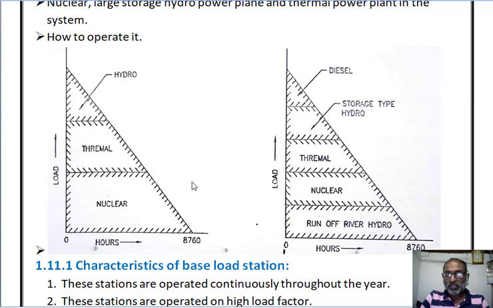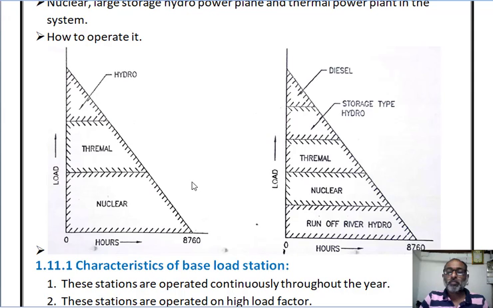So in a power system, we are using different types of power stations like nuclear power station, hydro power station, thermal power station, diesel power station. The efficiency of the thermal power plant is different. In hydropower stations, there are large storage hydropower stations, or sometimes run-of-river type power stations are also available. So how do we operate these power stations to reduce the overall cost per unit generated?